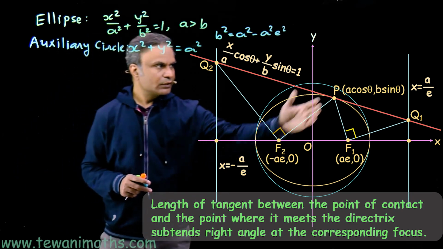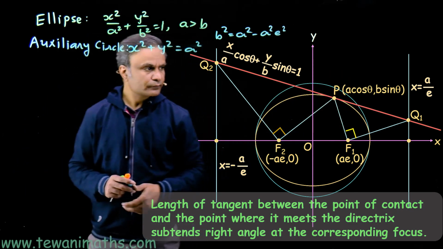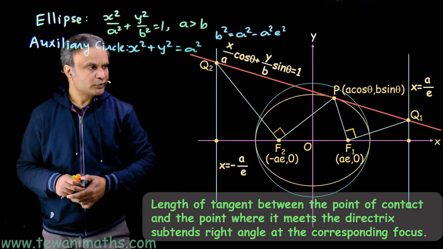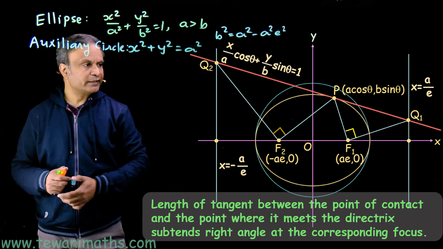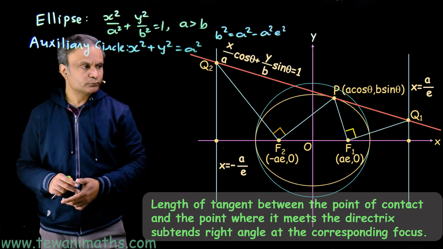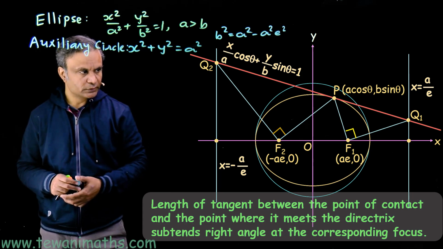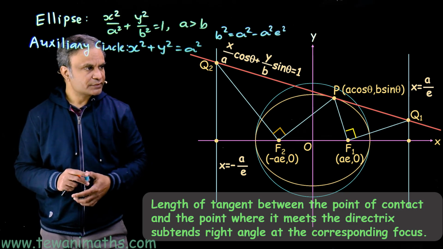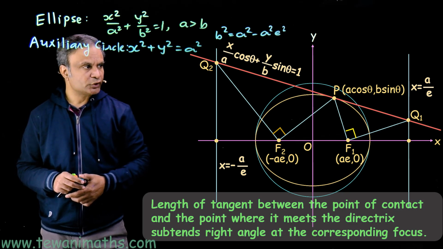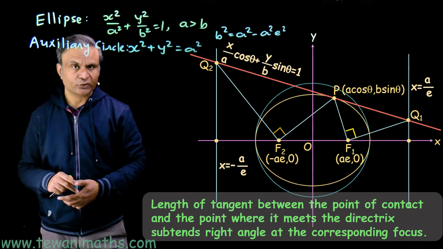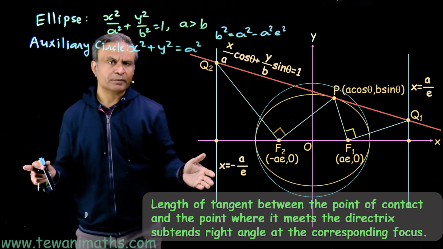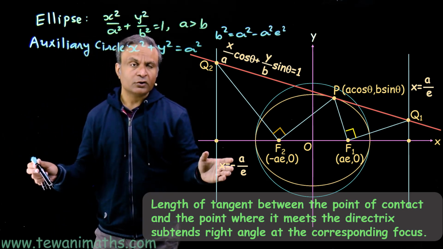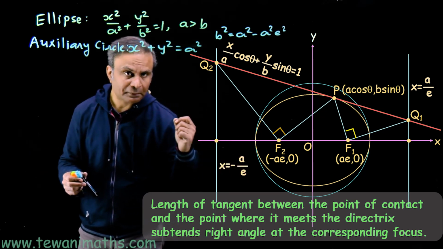Let's prove this. Let's consider this directrix and this focus. PQ1 will subtend a right angle at focus F1. How can we prove this? Here lines PF1 and F1Q1 will be perpendicular, and when two lines are perpendicular, the product of their slopes will be -1.